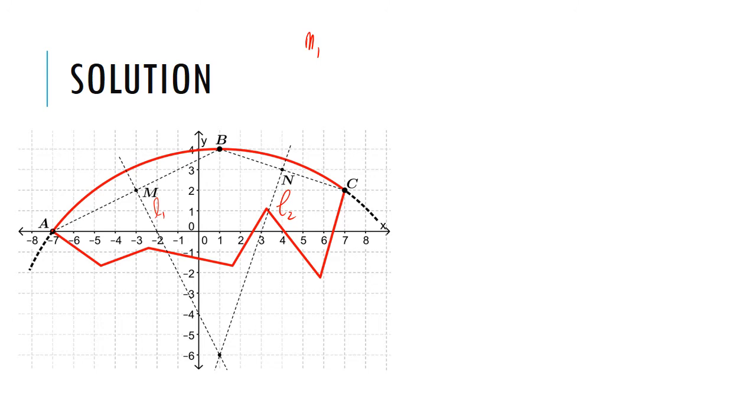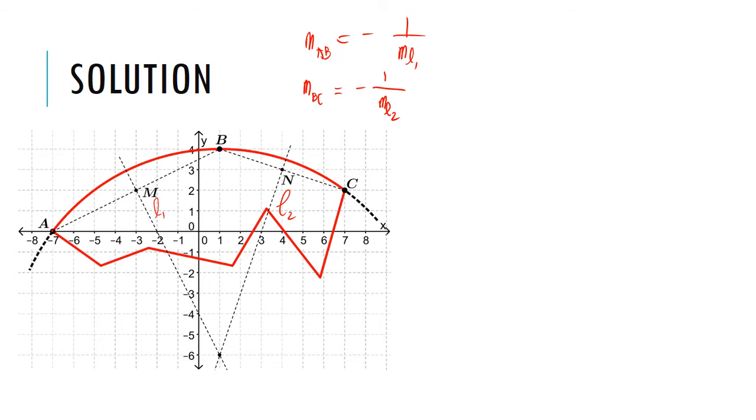So if AB is perpendicular to L1, then the slope of AB should be the negative reciprocal of the slope of L1. Also, the slope of BC should be the negative reciprocal of the slope of L2.